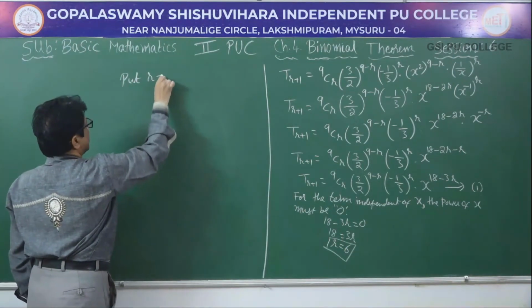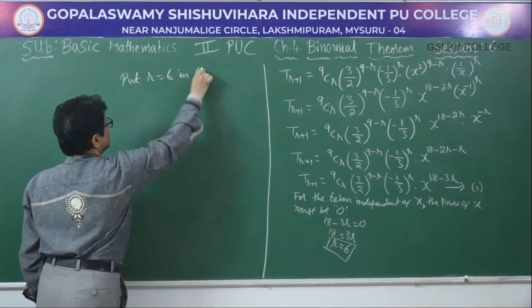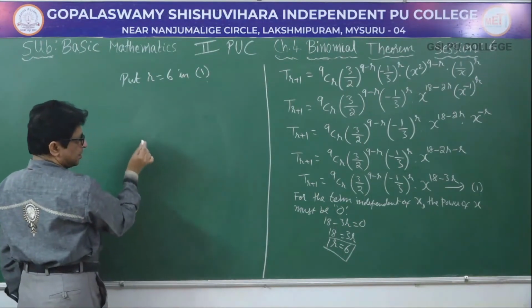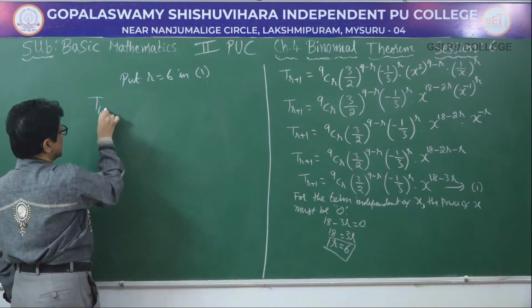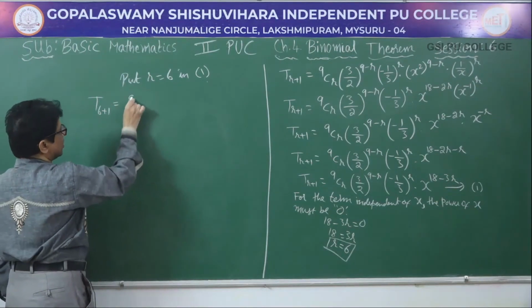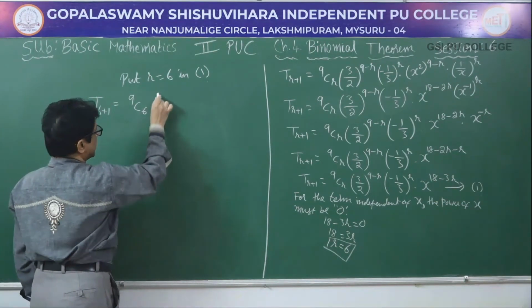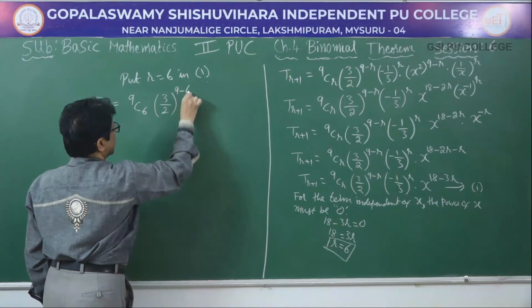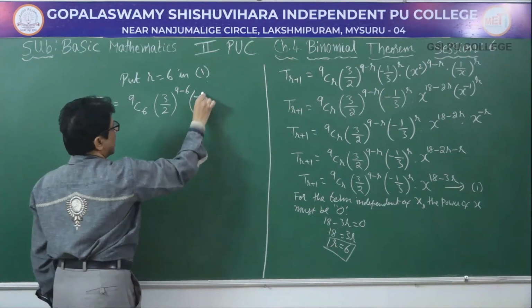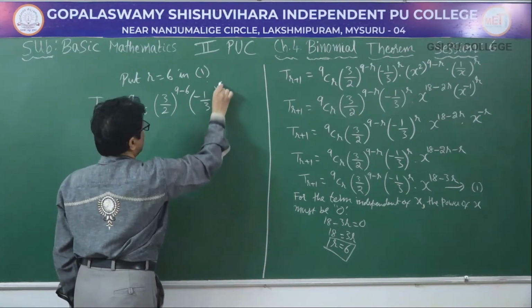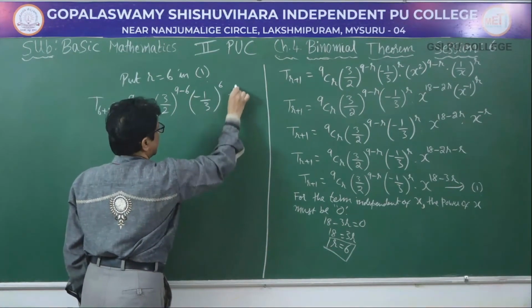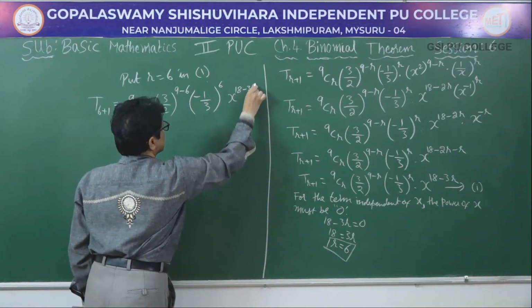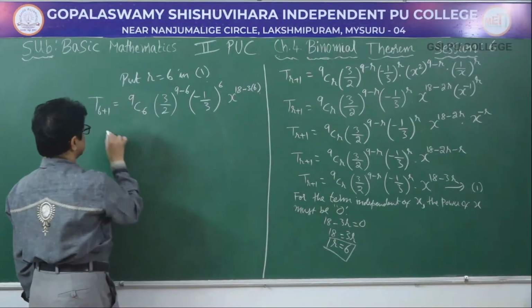Put r is equal to 6 in equation 1. We get T(6+1) is equal to 9C6 into (3 by 2) whole power (9 minus 6) into (minus 1 by 3) whole power 6 into x power (18 minus 3 into 6).